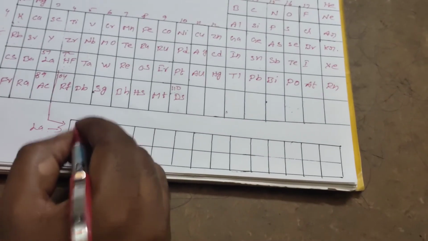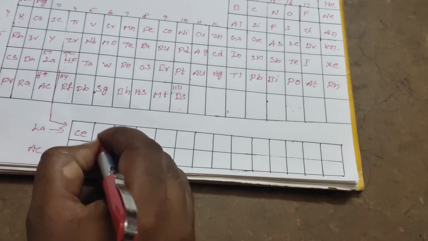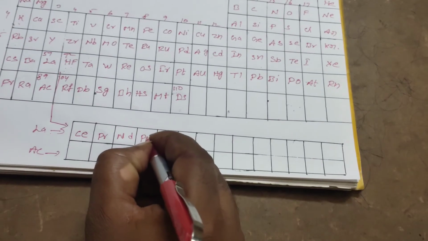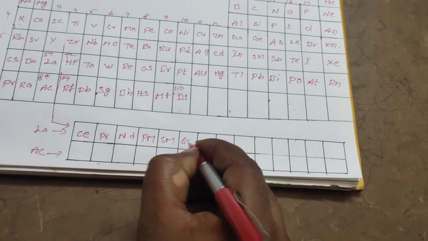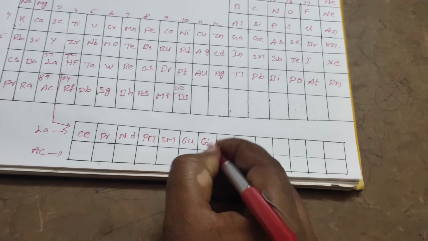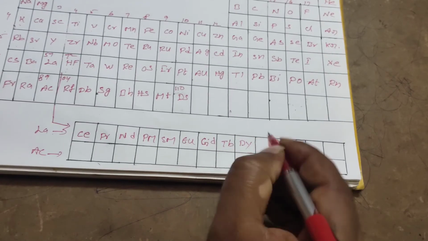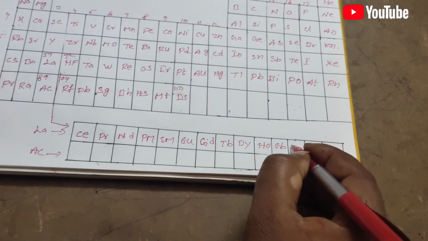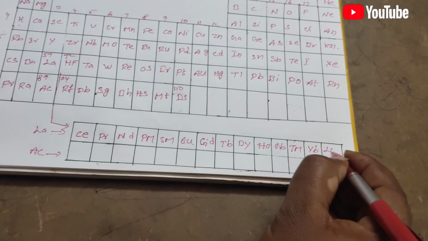The starting element in the lanthanides is cerium, praseodymium, neodymium, promethium, samarium, europium, gadolinium, terbium, dysprosium, holmium, erbium, thulium, ytterbium and lutetium.